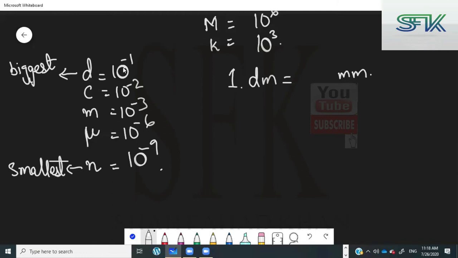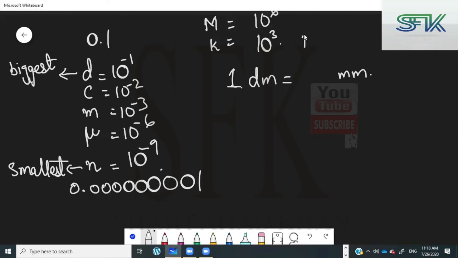Because deci, 10 raised to the power minus 1, actually means 0.1, whereas 10 raised to the power minus 9 actually means 0.000000001, with 8 zeros in front of 1. So this is the smallest and that's the largest number. Now I need to go from big to small first.